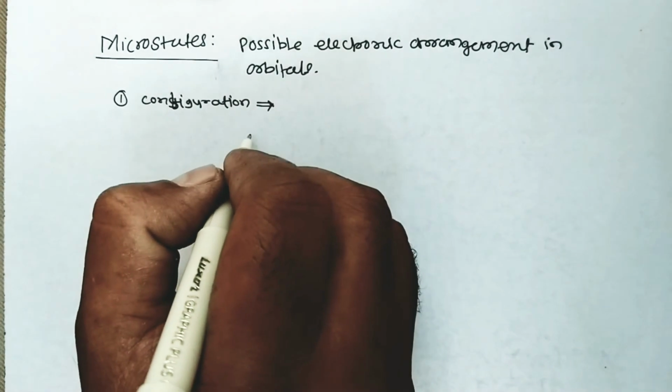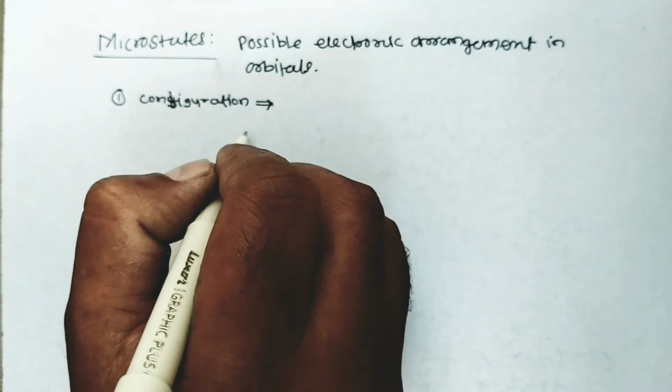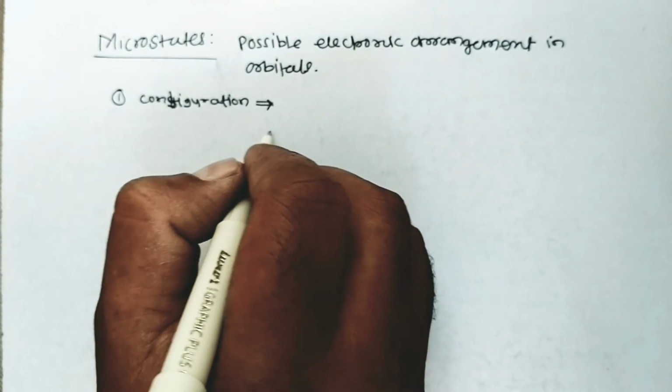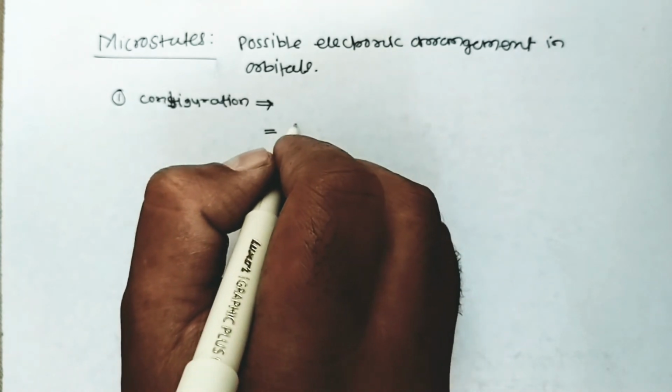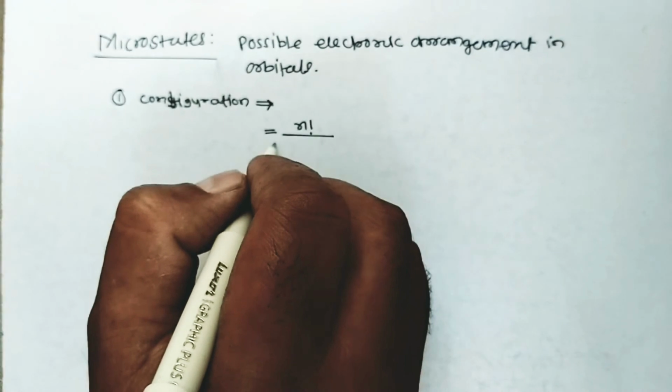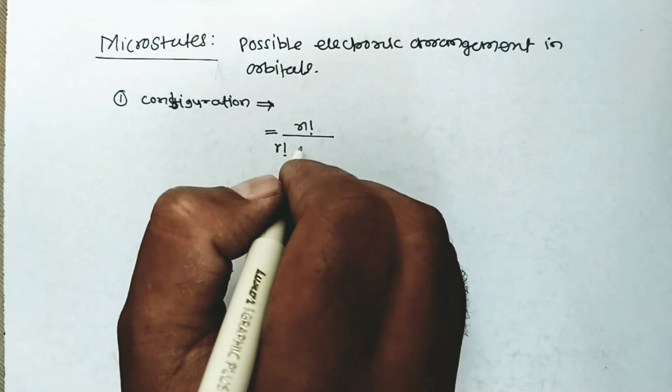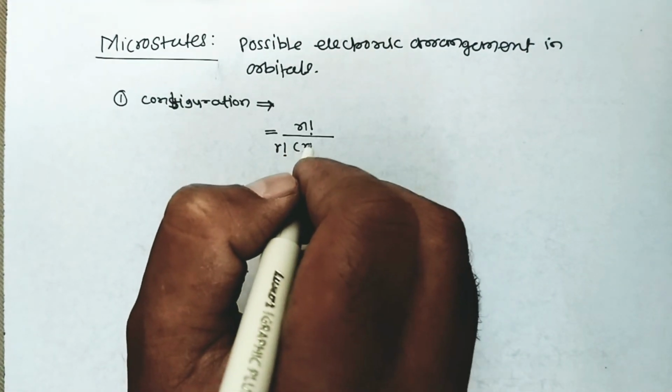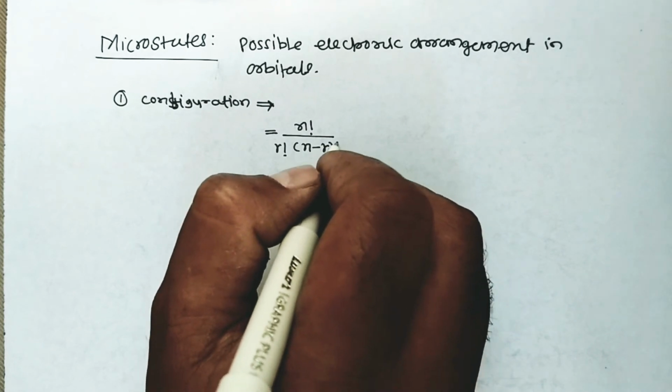So for this the formula is given. To calculate the number of microstates, the formula is n factorial upon r factorial into (n minus r) factorial.